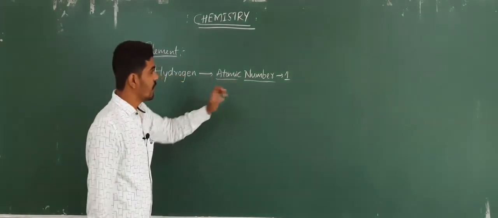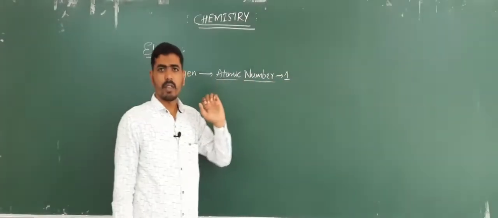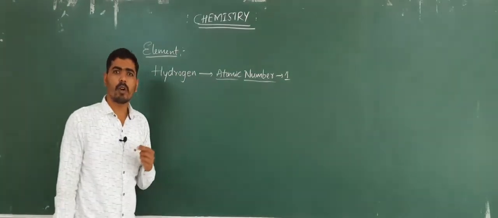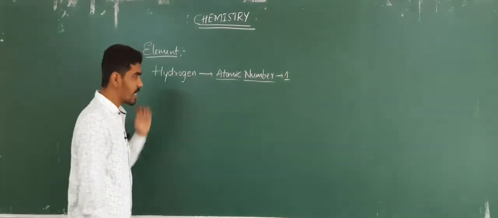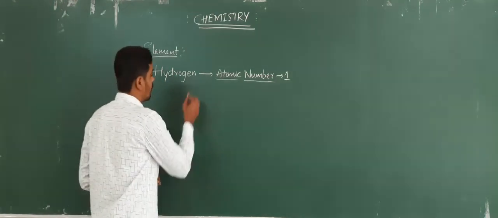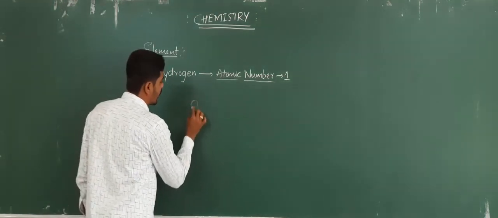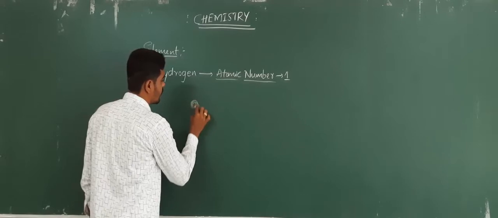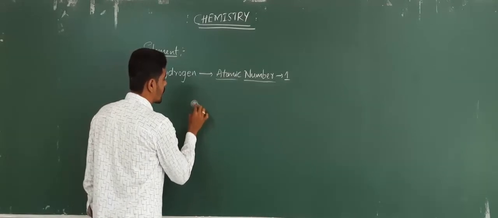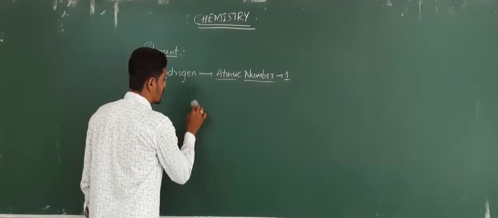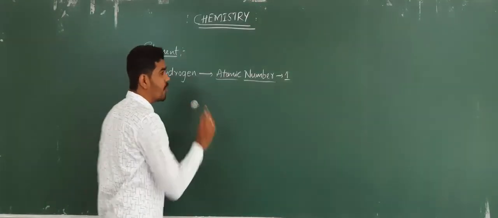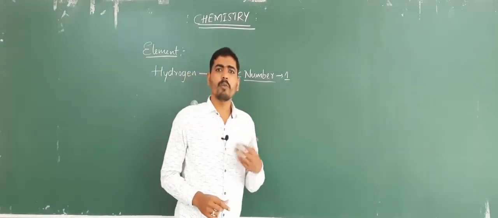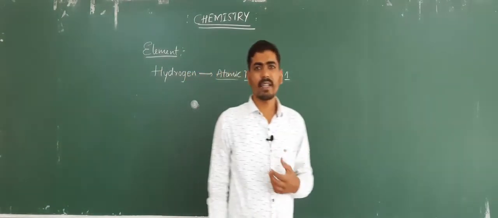Now here the atomic number is 1. That means the number of protons in hydrogen will be 1. This can be represented at the center of the nucleus. As you know, the protons are present at the center of the nucleus. So this is the nucleus, and if one proton is there, how many electrons will be present in that atom?